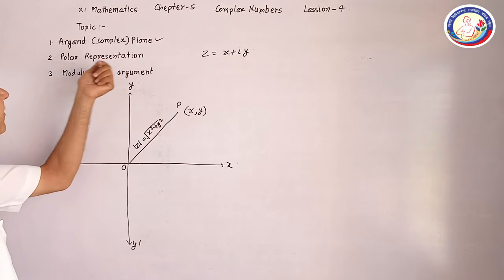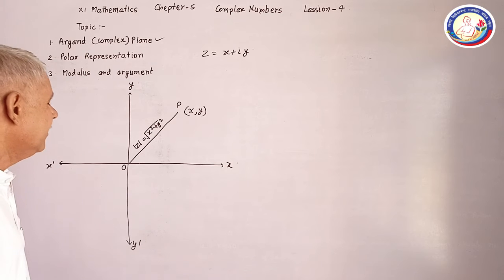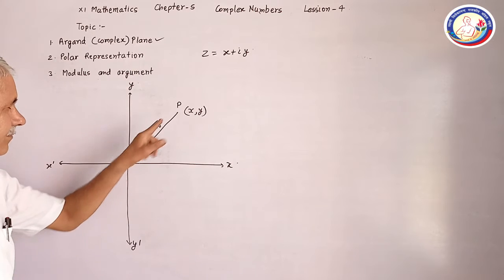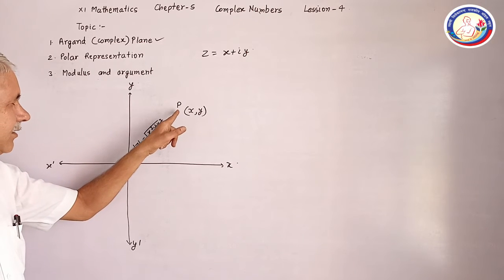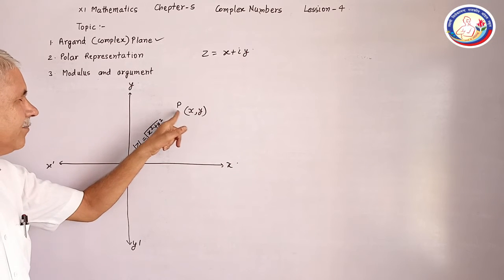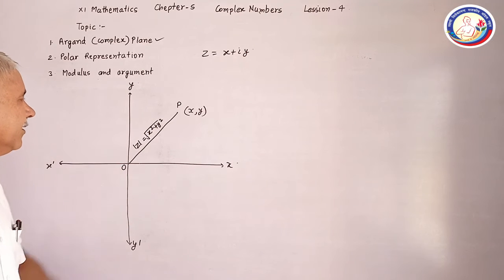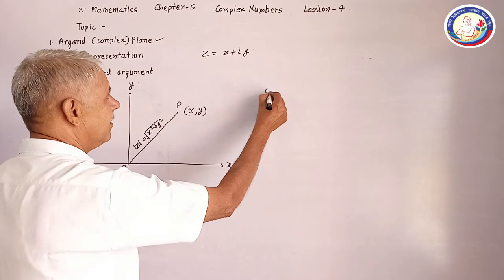In polar representation, we represent any complex number in the form of, first, the distance of this end point x, y, or point P, from the origin, and we denote it by r.